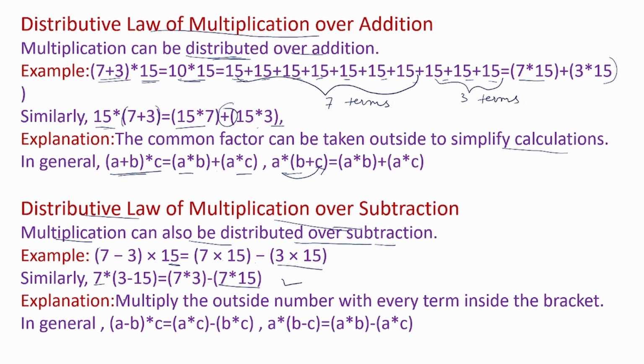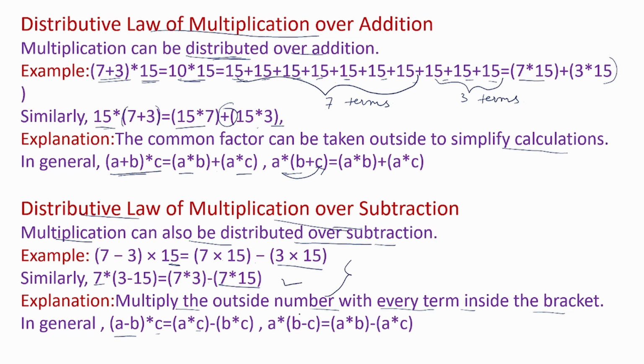That means multiplication distributes to every term inside the bracket. Multiply the outside number with every term inside the bracket. In general, (a - b) multiplied by c is equal to a multiplied by c minus b multiplied by c.